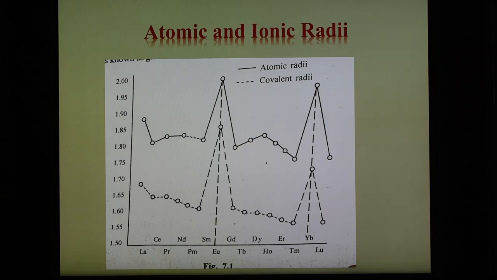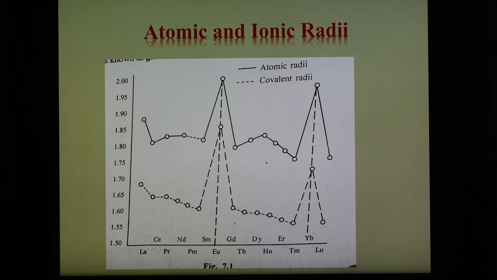From this graph, it is clear that the curve can be divided into 2 equal parts at gadolinium. The right half of the series, that is terbium to lutetium, is a repetition of the left half, that is from cerium to gadolinium. In the formation of lanthanide metal ions, all the lanthanides give off 3 electrons.